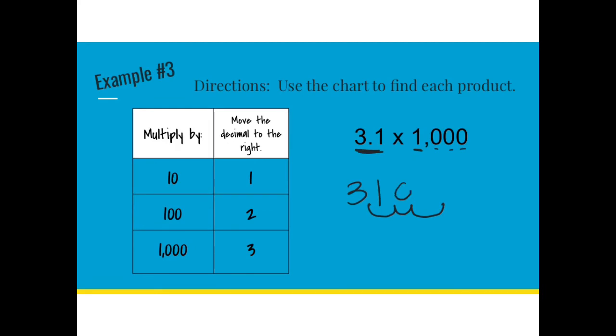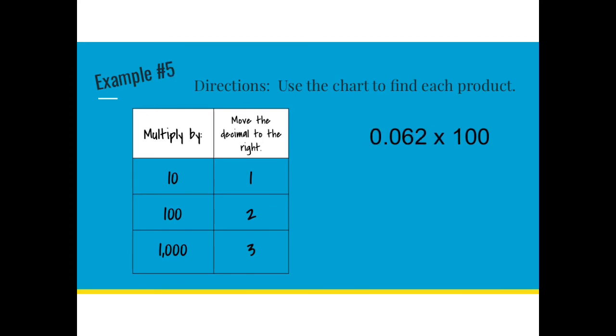And in those empty placeholders, I'm going to add zeros, giving me a final answer of 3,100. In this example, I'm taking 7.4 times 10. I'm just going to move the decimal point 1 spot over, giving me an answer of 74.